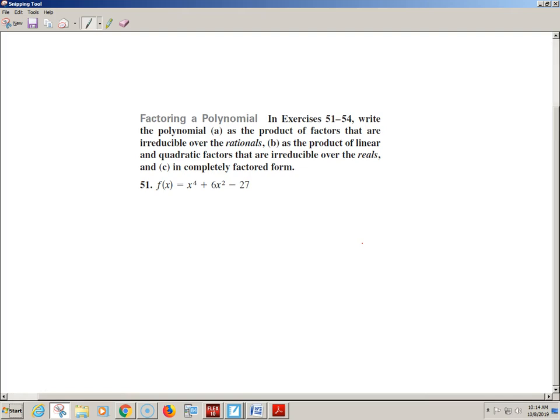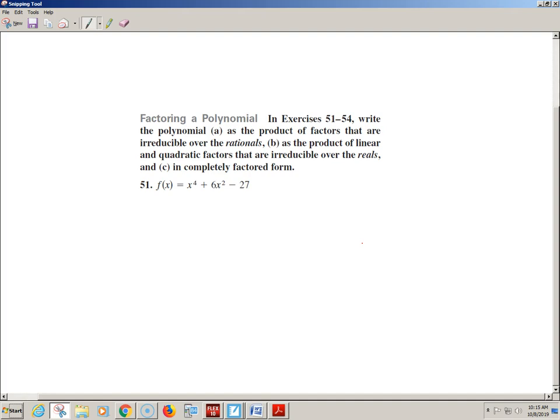Out of the entire homework, this problem made you understand the math the most. You guys see all the terms in there? Holy cow, you have polynomial, product, factors, irreducible, rational, product, linear, quadratic, irreducible, reals, and, well, if this is reals, what do you think this one is if it's more? What's more than reals? Imaginary.